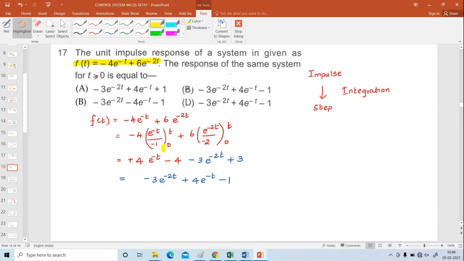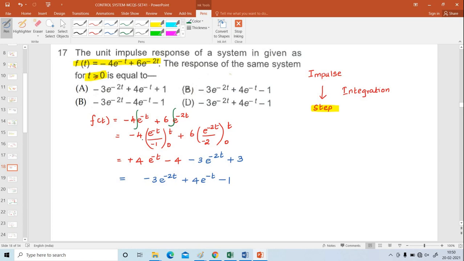Then I am going to apply the integration here. So you have to integrate the impulse response. We get the next response, that is the step response. Here the impulse response is given, but they have asked about the step response. So I have to integrate this.